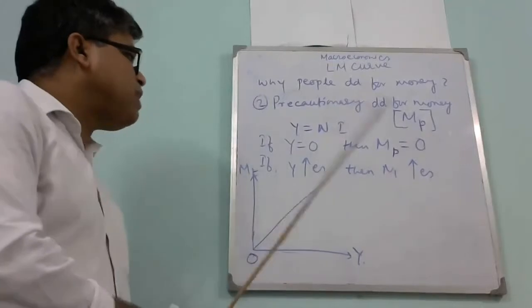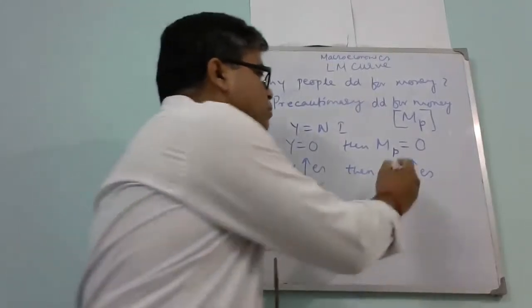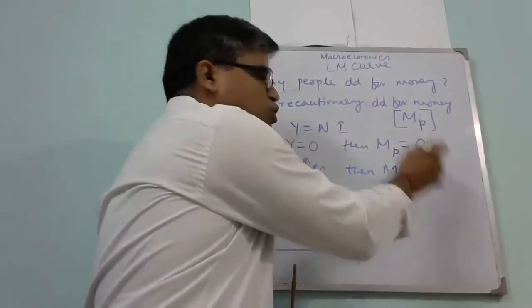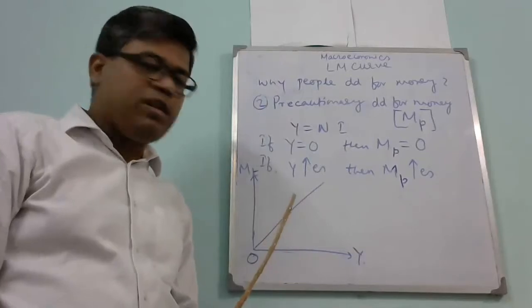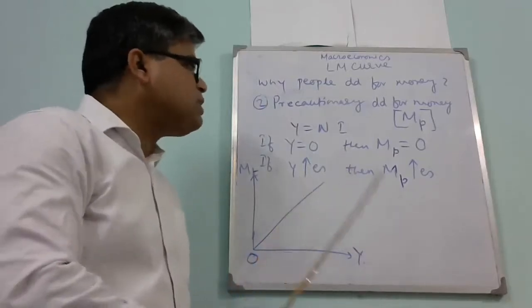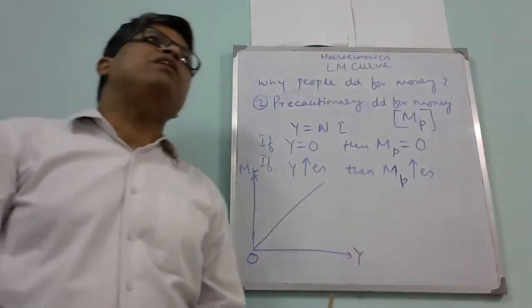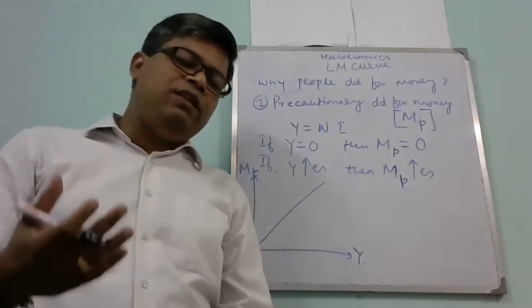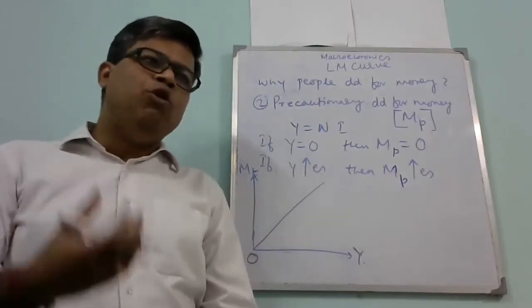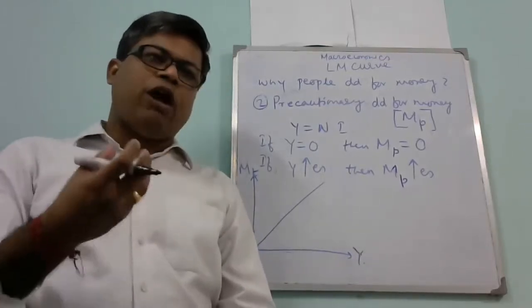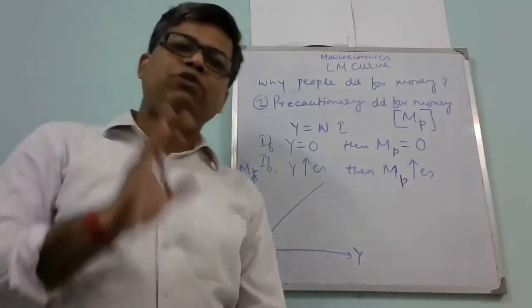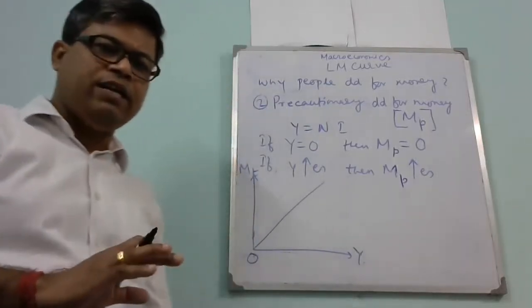Similarly, if y increases, then the precautionary demand for money also increases. Clear? As y increases, if people earn more, generally they hold more idle cash for precautionary purposes. It's a very general tendency.